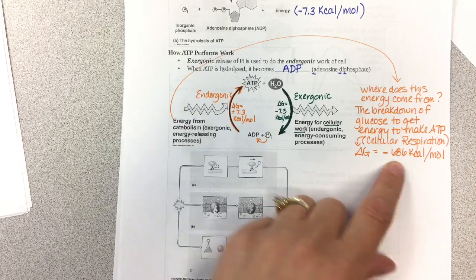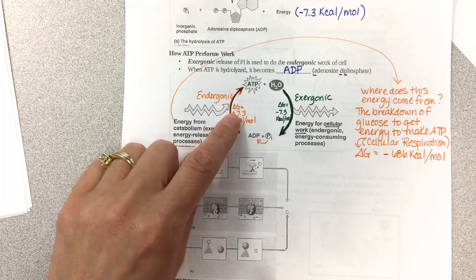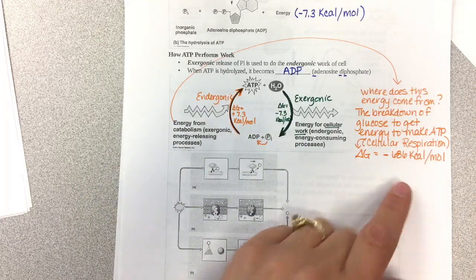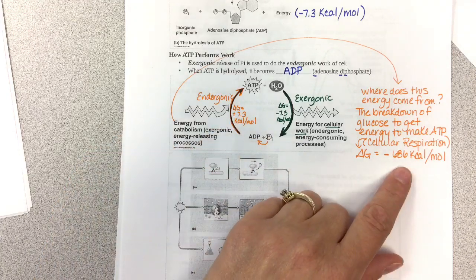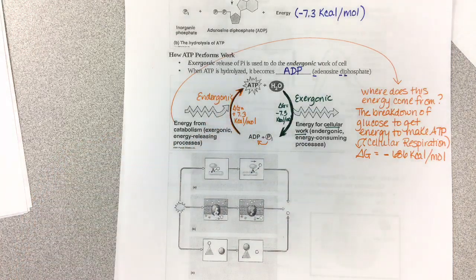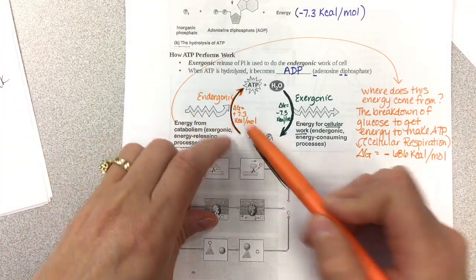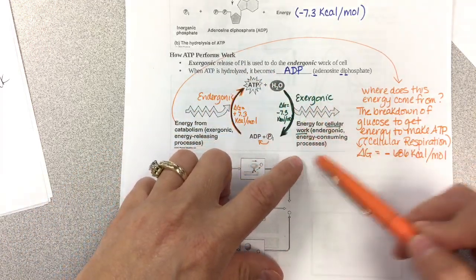So therefore, it only takes 7.3 kilocalories per mole to make one ATP. So can you see that mathematically, each glucose molecule can make many ATP from that energy that is released. And so it's multiple ATP molecules. All right, and so then we use that energy to make ATP, and then it's the ATP that breaks down and drives our cellular work.